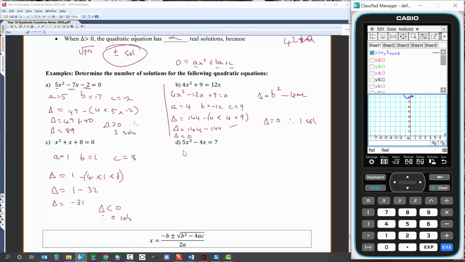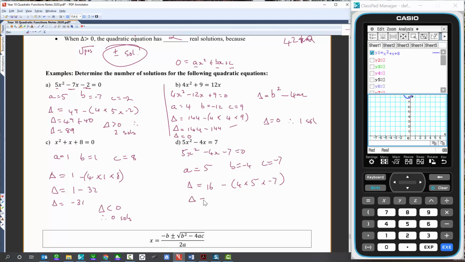Right, this last one here, we go 5x squared, take 4x, take 7 equals 0. Okay, we want to put that in the ax squared plus bx plus c form. Right, note our a value is 5, b value -4, c value -7. Discriminant equals b squared, 16, take away 4 times a times -7.